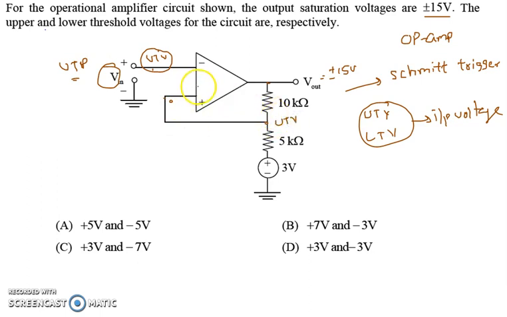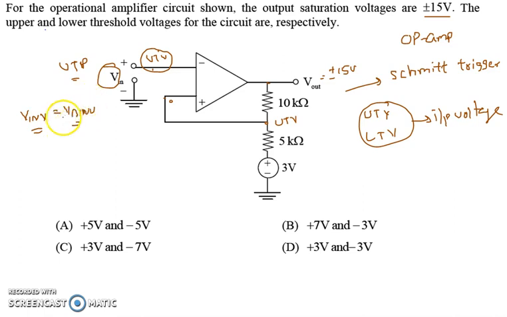Because in an ideal operational amplifier, the voltage maintained at the inverting terminal is the same voltage maintained at the non-inverting terminal. That means we take V_inv equal to V_ninv, the inverting voltage equal to the non-inverting voltage.